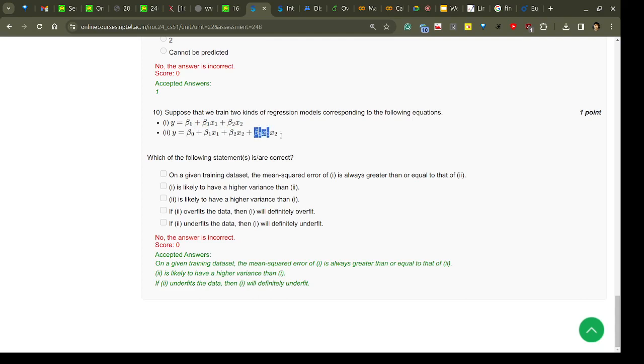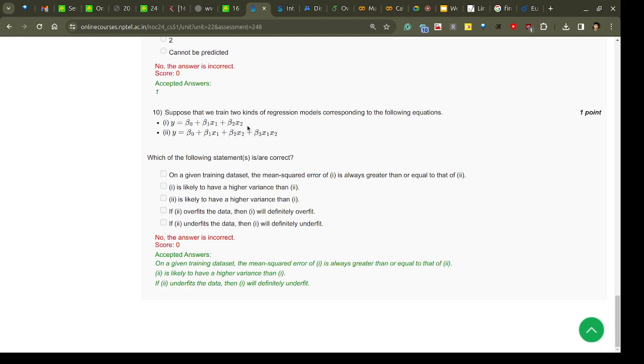We have an additional parameter there. If this portion is itself overfitting, and we add anything more, then it will also overfit, but the reverse is not the case. Here this parameter was there, but here it is not. So it is possible that it was fitting because of the additional terms, which are not here. So you cannot say for sure that it will overfit.